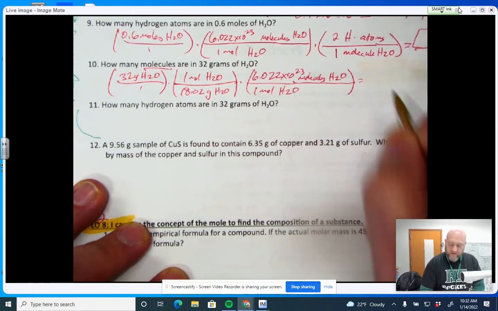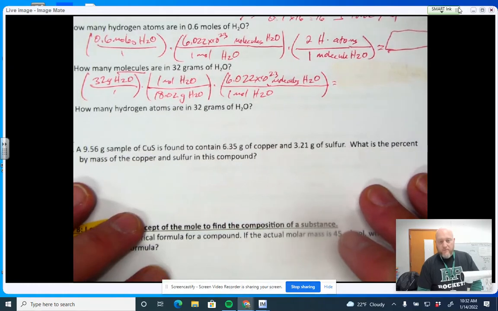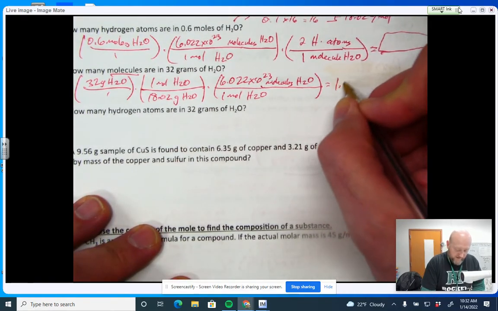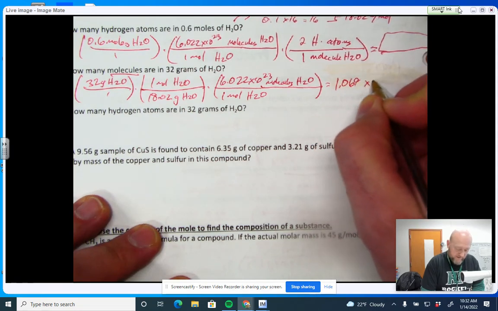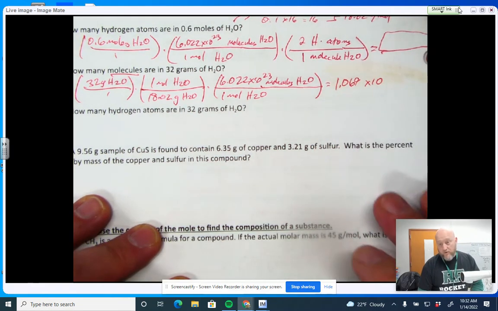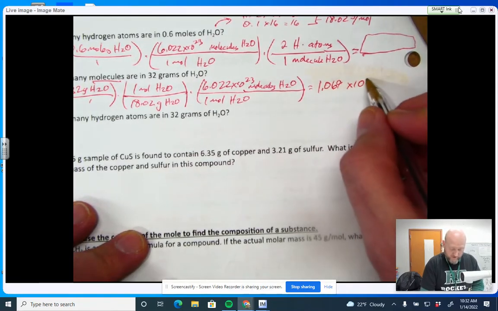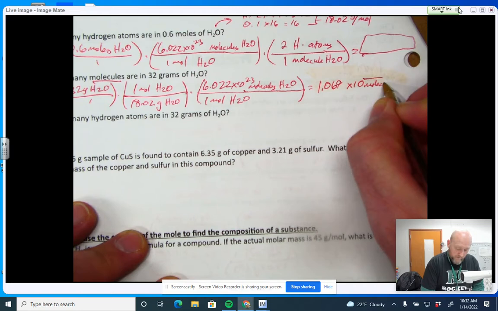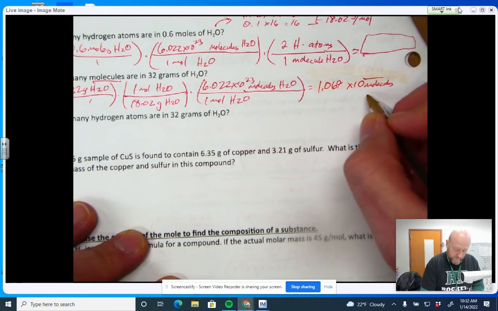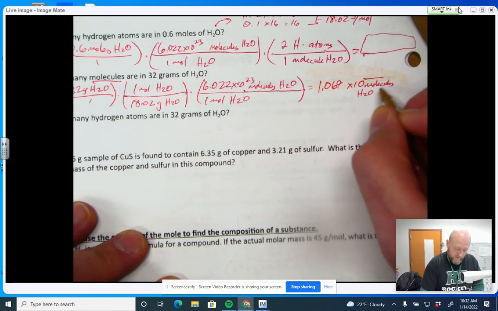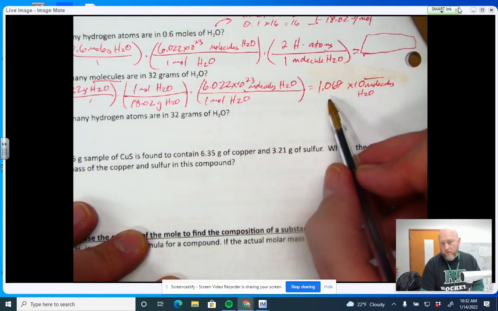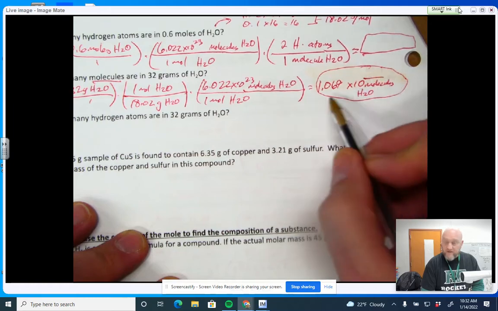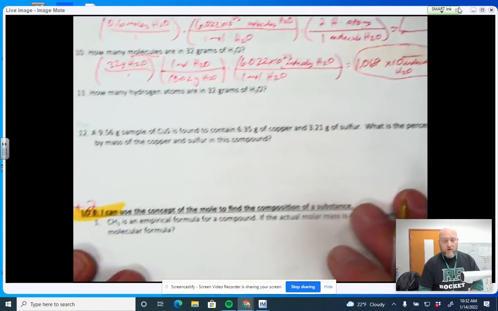Again, I know these get kind of lengthy after a while when we're doing the math, but from here I'll let you calculate it. You should have, just to give you a heads up, 1.69 times 10 and then an exponent that goes above that. So make sure you have that exponent up there and label molecules of H2O. And by the way, if you round that to 1.1, that's totally fine. I wouldn't hate it if you rounded that to 1.1 as well.